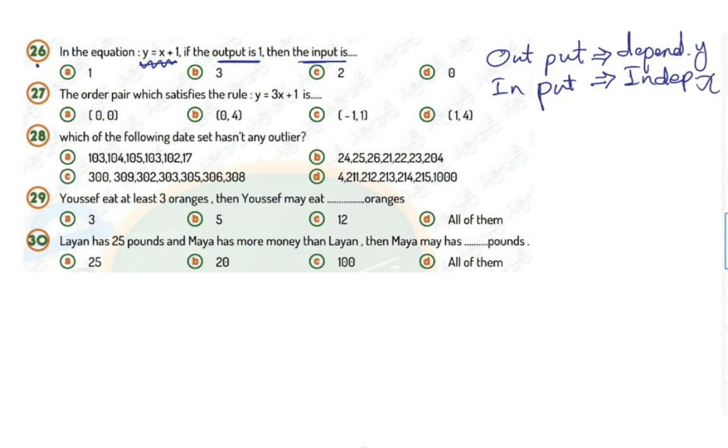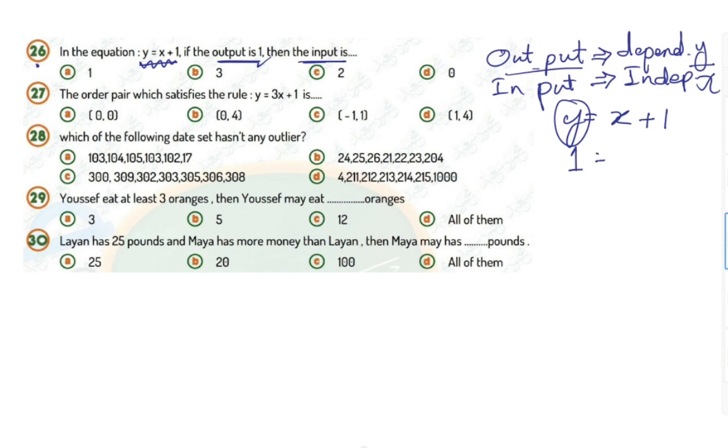Now he gave me data: output is 1, and we know that output is y. So he says that y equals 1. So input, or x, equals what? The equation is y equals x plus 1. He gave me the output, so he gave me the y value, y equals 1.